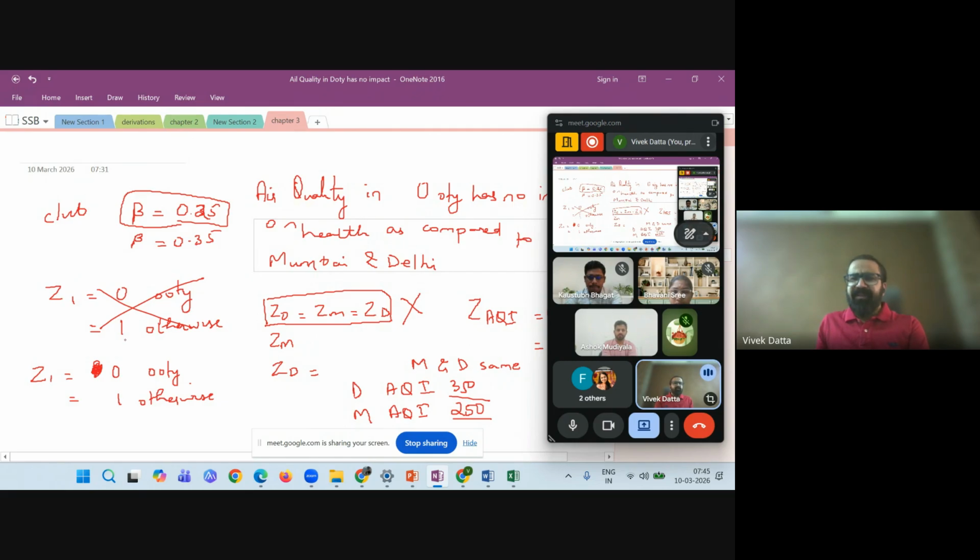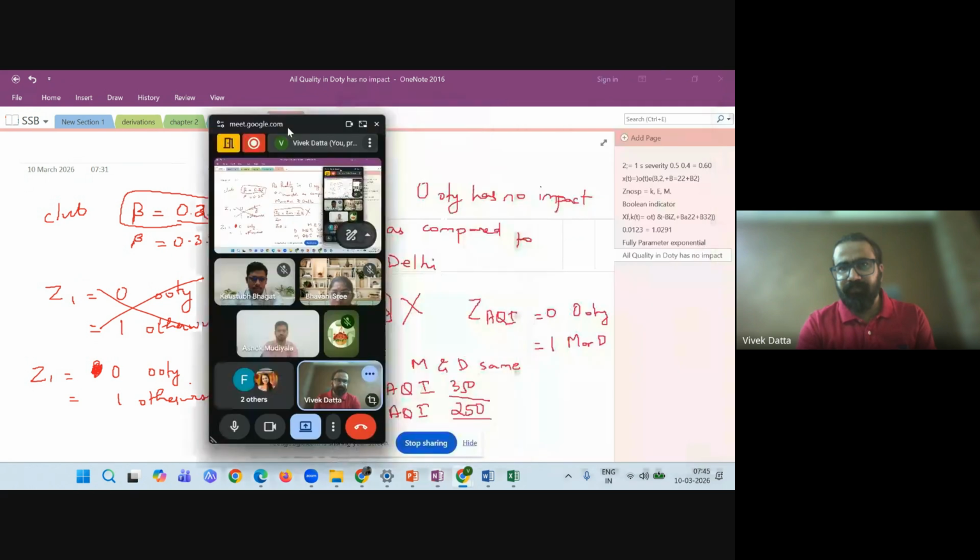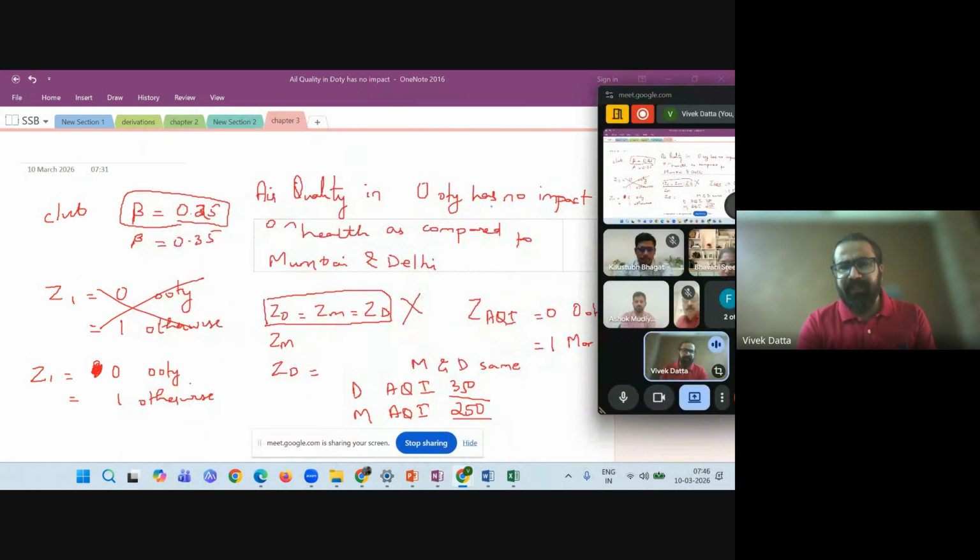Questions are usually asked in the opposite way. So say, for example, they would say that air quality in Ooty has no impact, so I would say that air quality in Ooty is the best on health as compared to Mumbai and Delhi. So how will I write this?